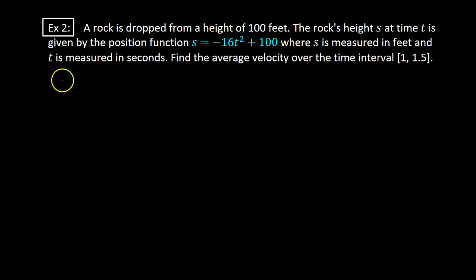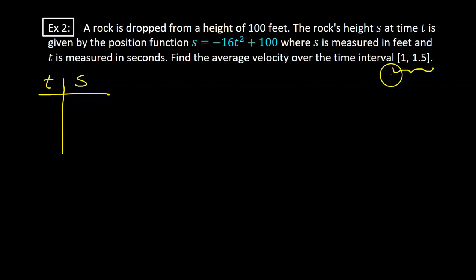But to get us started, I find it helpful to make a little chart. Okay, so instead of x and y, I'm going to have t and s. So understand that when they give us this time interval, they are giving us x values. Well, okay, not x values, they are giving us t values.